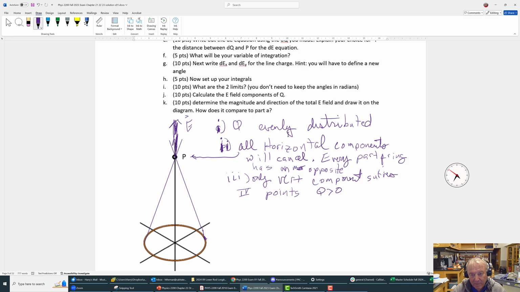And the magnitude of E here can be approximated simply by kQ over r squared along the z-axis, because P is, say, the distance R to P is greater than the diameter of the ring.